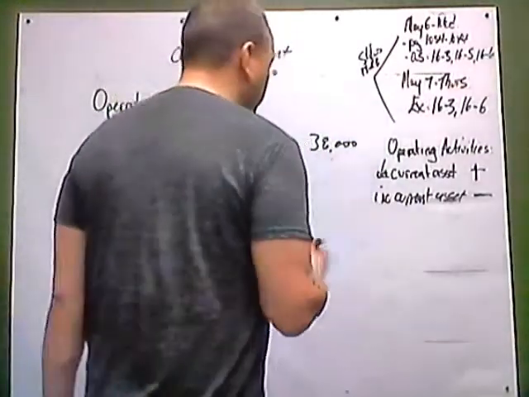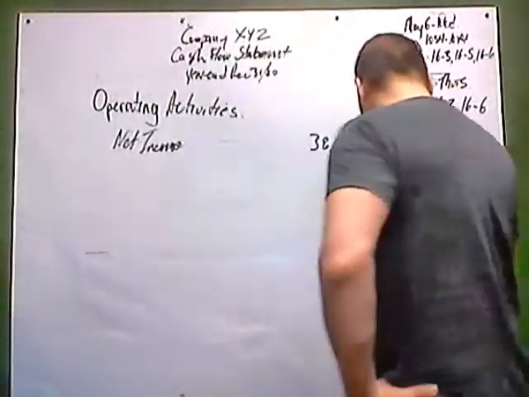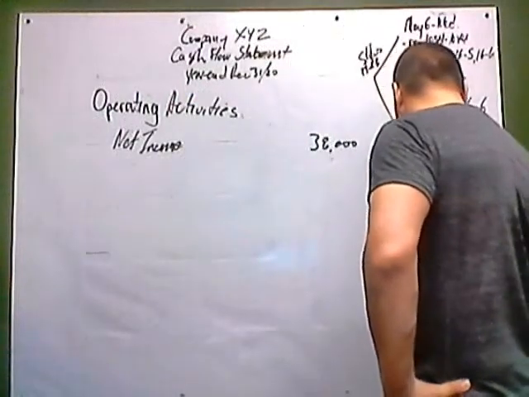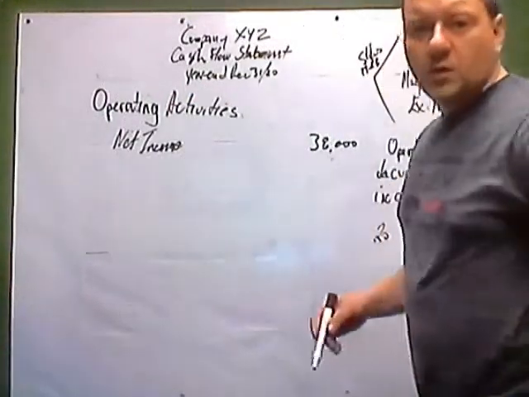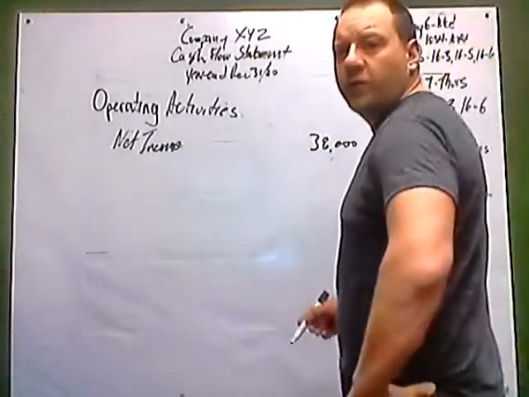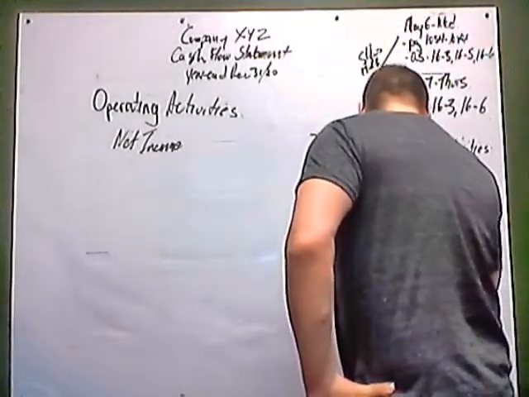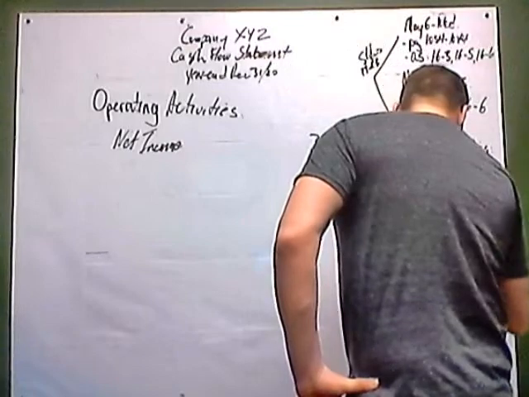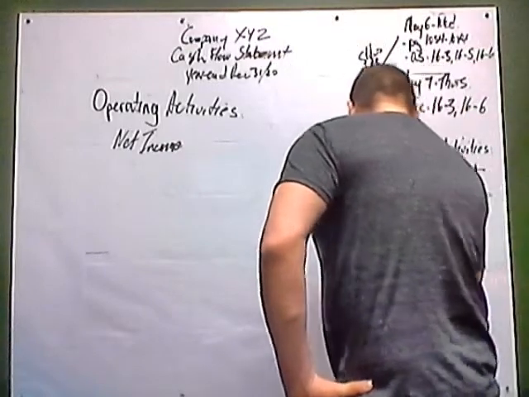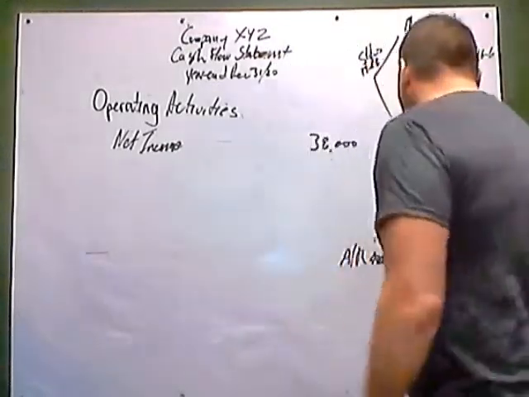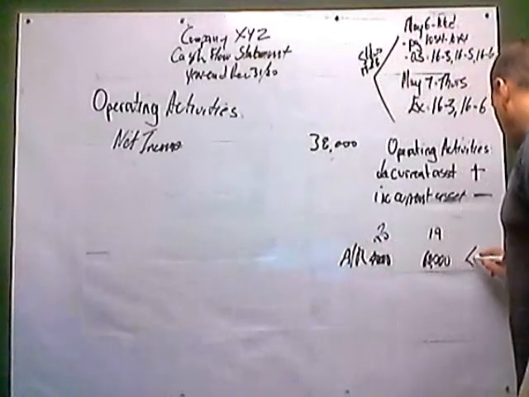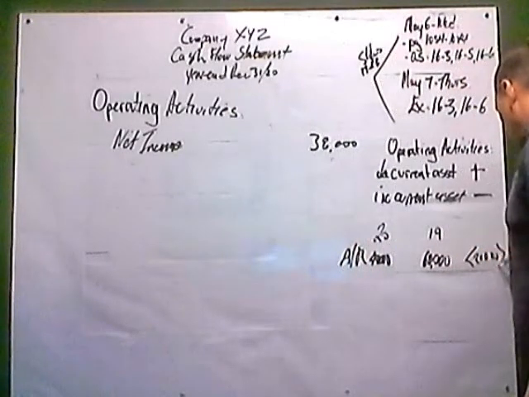So we can just make a partial balance sheet. Our AR, 40 and 60. This is how I do it. So it's a decrease of $20,000.